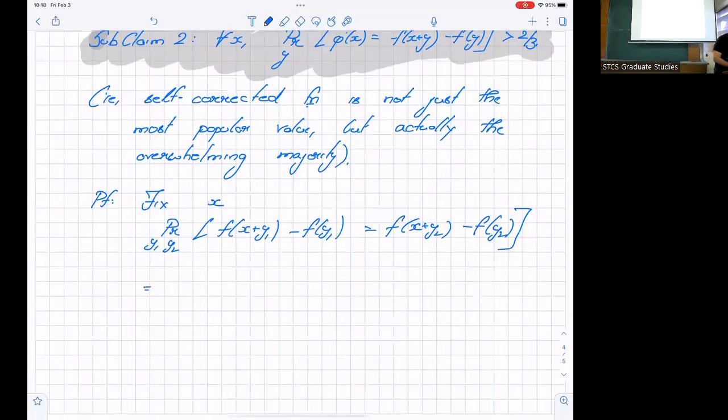This is the same as the probability over y1, y2 that f of x plus y1 plus f of y2 equals f of x plus y2 plus f of y1.